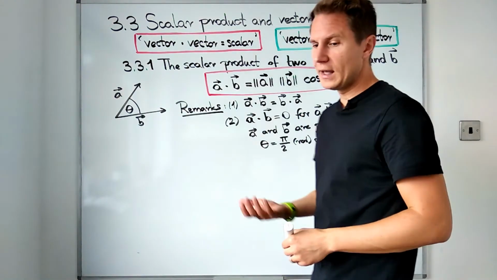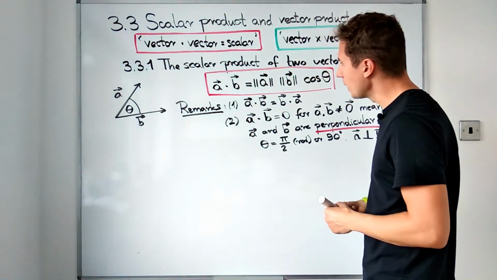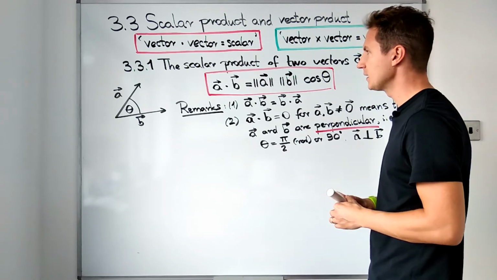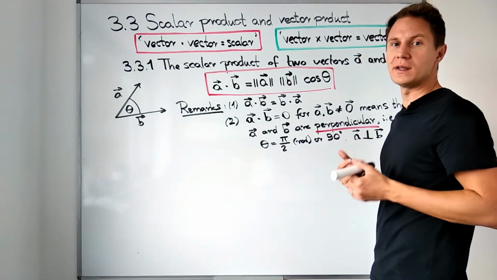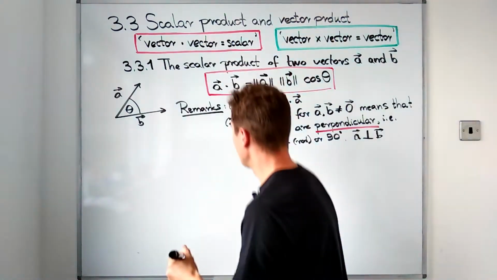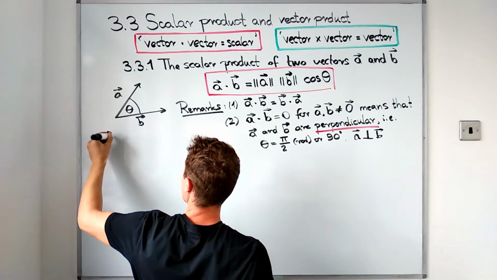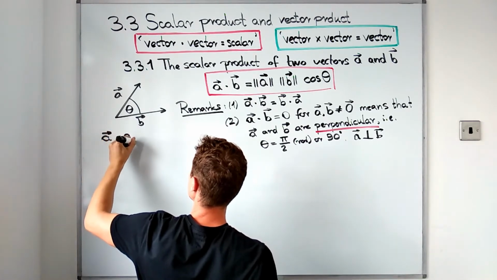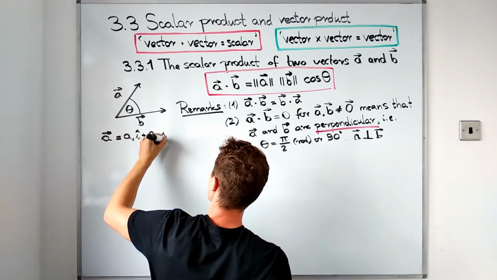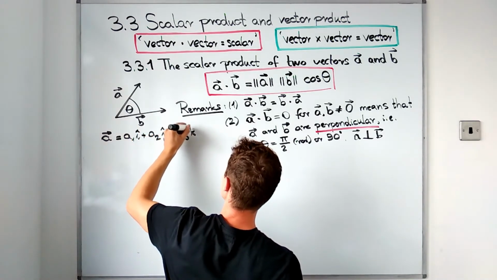This is why we have to look at another way of calculating the scalar product of two vectors, and this other way involves the coordinates of our vectors. So let me write it here, that if A has the coordinates A1, A2, and A3, so this is a vector in space.